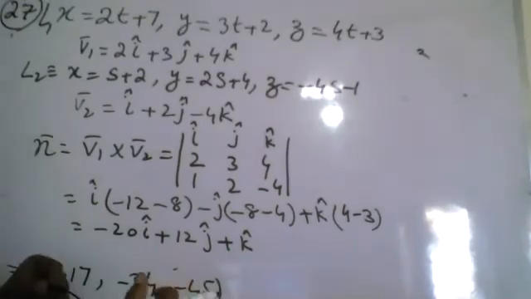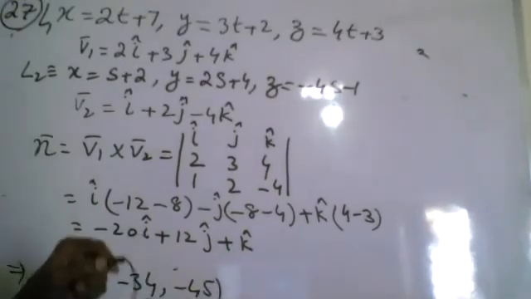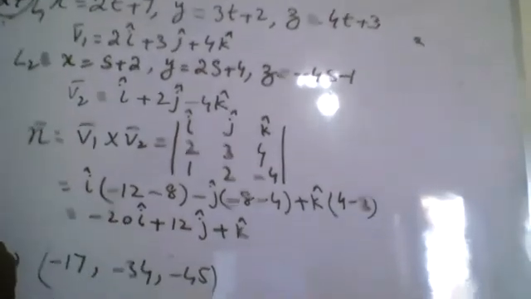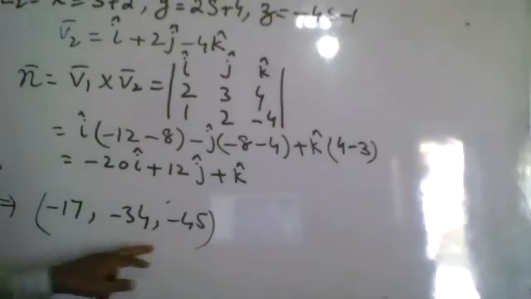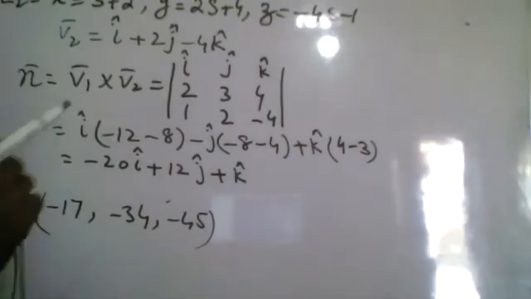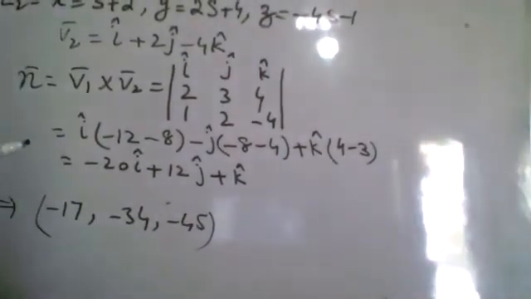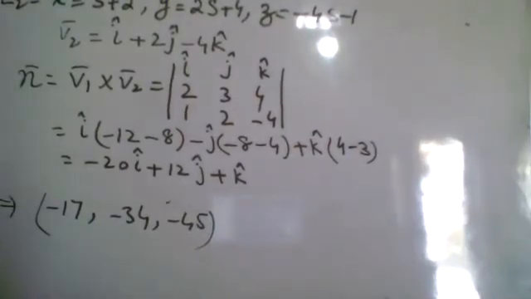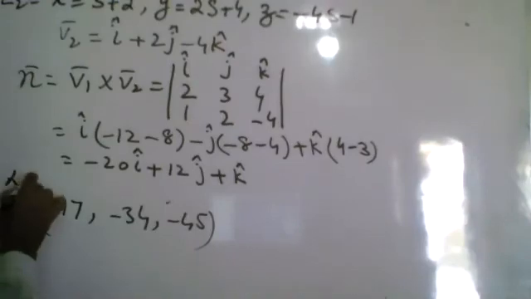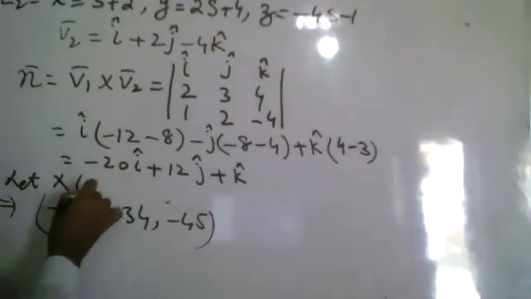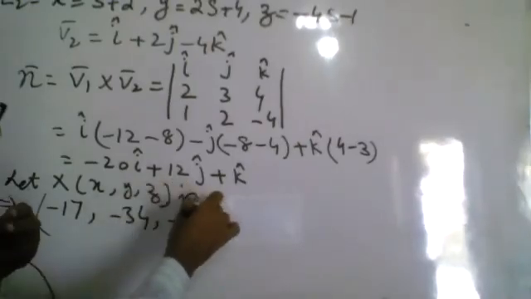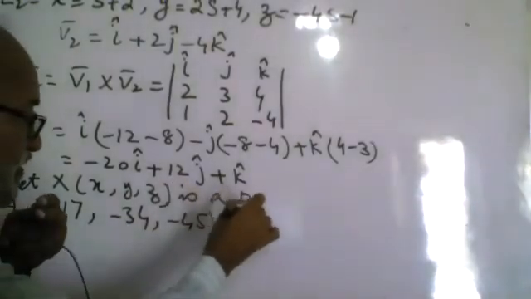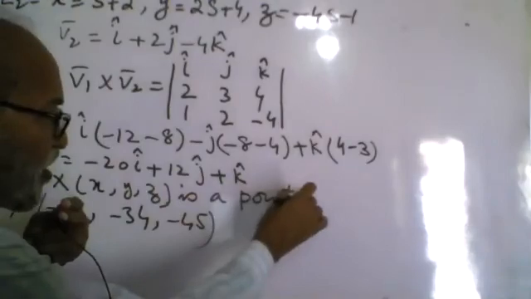So we found n. Now we will find P naught X. The point of intersection will be considered as P naught, and we take a point X on the plane. Let X, Y, Z be a point on the plane.